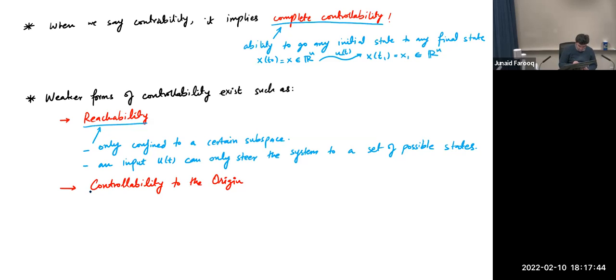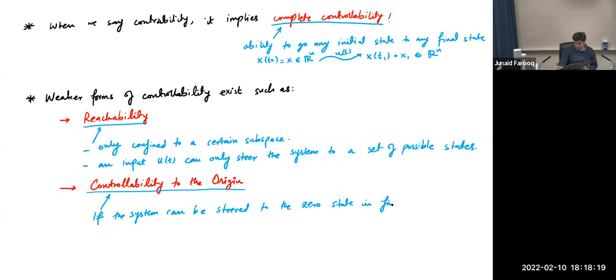It is better than having a completely uncontrollable system, but what we want to say here is that the system can still be steered to the zero state in finite time.